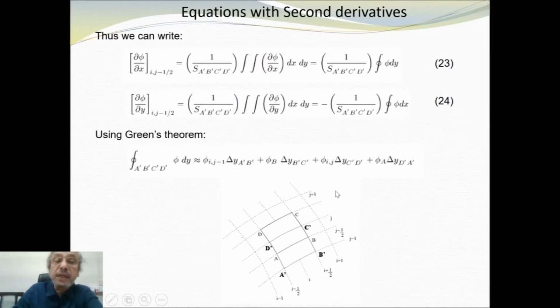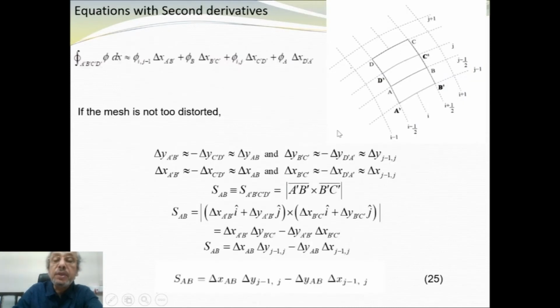23 integral phi dy we have found out, and we have written here this has to be divided by the area. Now we have to find out how to define this area. Basically this area we can again define as SAB. SAB means S A prime B prime C prime D prime.